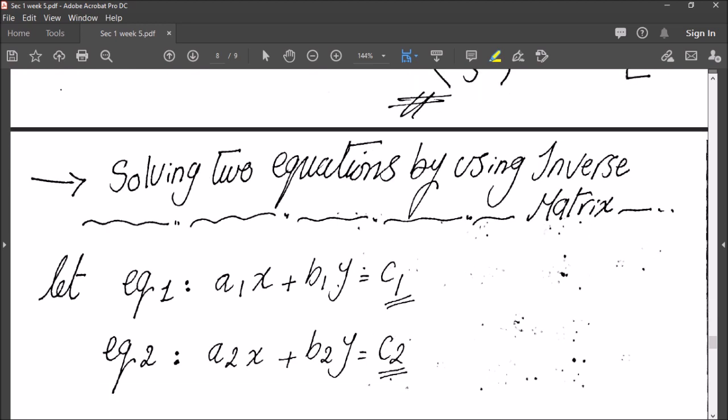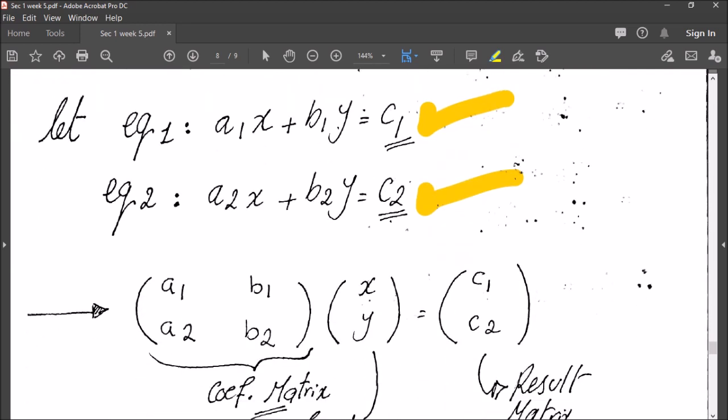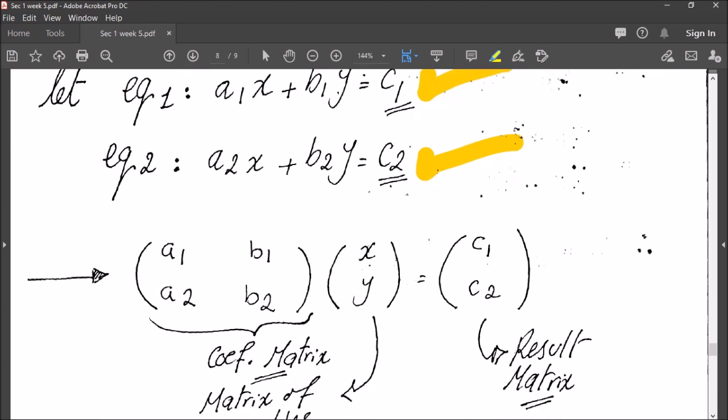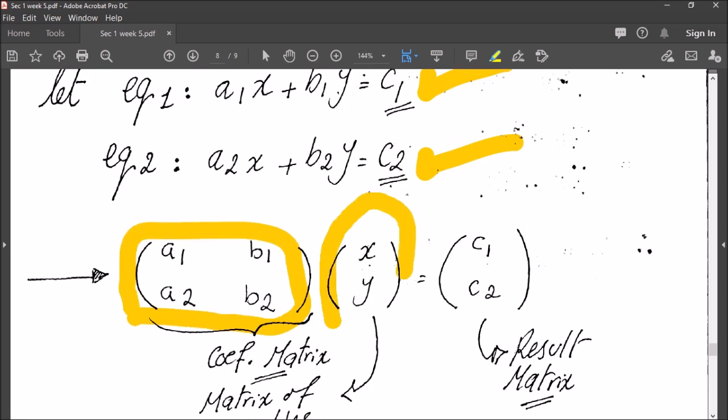Let's assume equation 1 will be a1 x plus b1 y equals c1. Equation 2 will be a2 x plus b2 y equals c2. We split our solution into three matrices. The first one, the biggest one, is called the coefficient matrix. The second one is called the variable matrix. And the third one is called the result matrix.